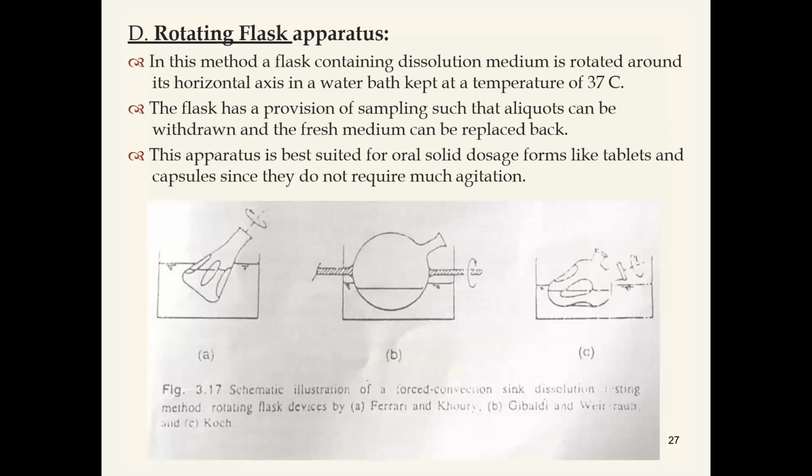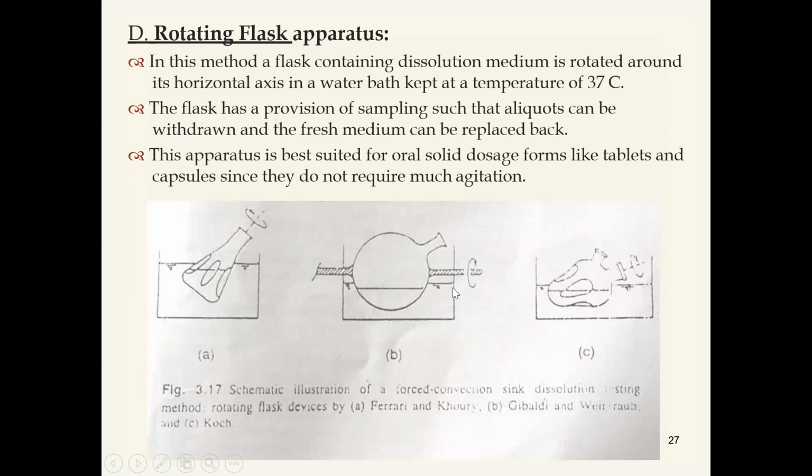Next one, the rotating flask apparatus. In this method, the flask containing the dissolution medium rotates under a horizontal axis in a water bath. Here we are maintaining the temperature of the water bath at 37 degrees centigrade.